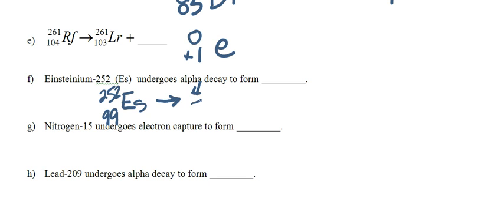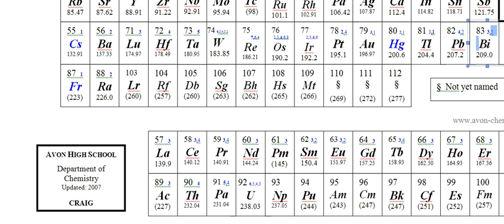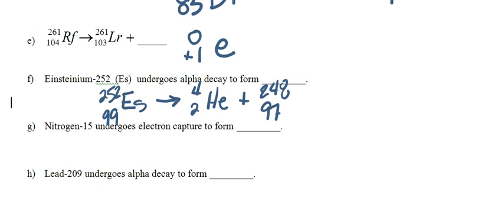And alpha decay is 4,2 with a helium. And then, since we had alpha decay, we need to make sure that those numbers add up. So we have 97 protons, and our mass will be 248. So whatever element 97 is. And in this case, it is berkelium, Bk. So we want to go do that. So Bk. Okay. So you should be able to write out a sentence as well in doing something like this.